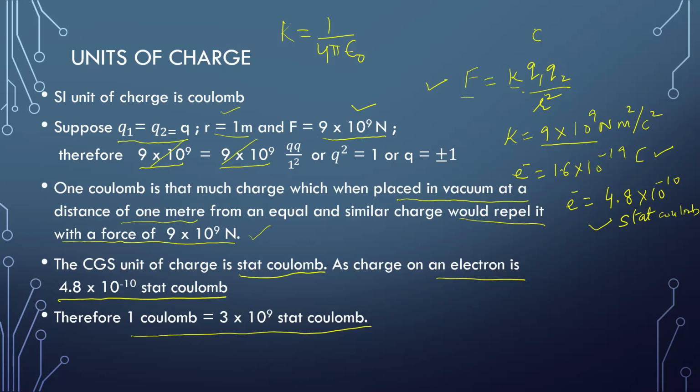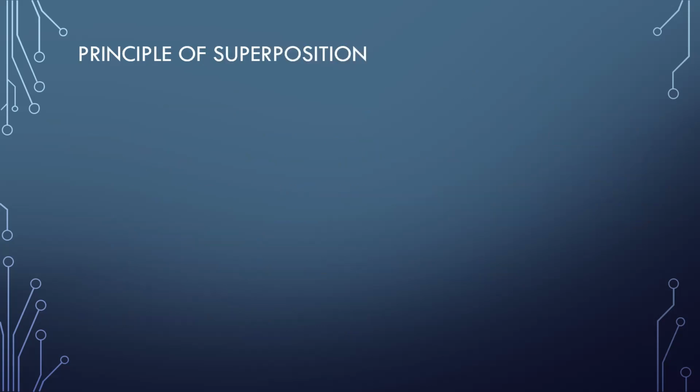You can do it from here only, because in the SI system it is 1.6 into 10 to the power of minus 19, and in the CGS system it is 4.8 into 10 to the power of minus 10. So how much is 1 coulomb? You can get it. It is 3 into 10 to the power of 9 stat coulomb. Okay. Now we'll move further.